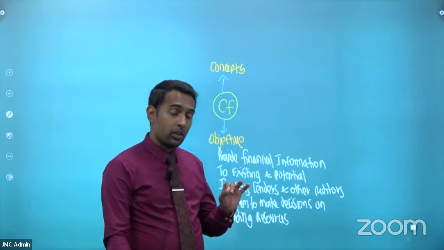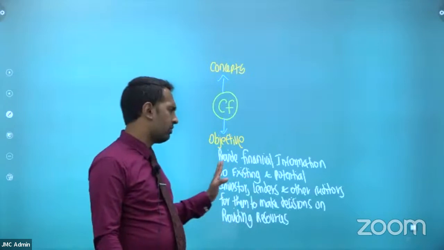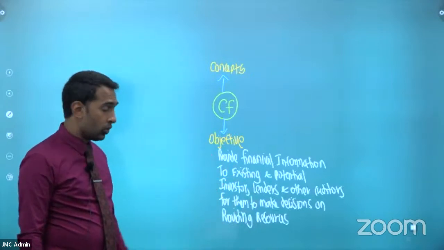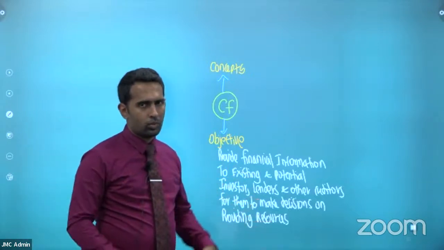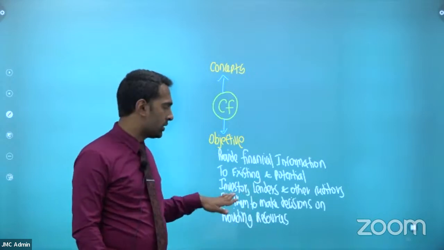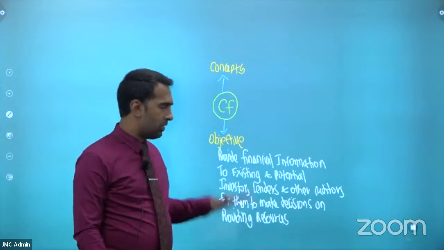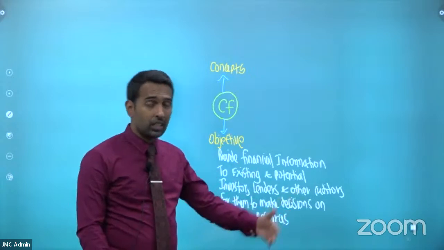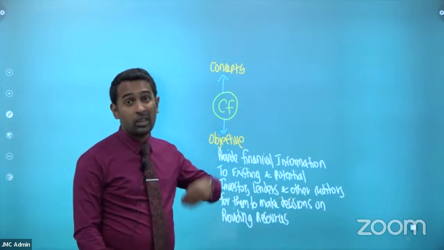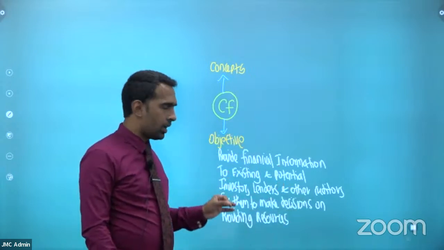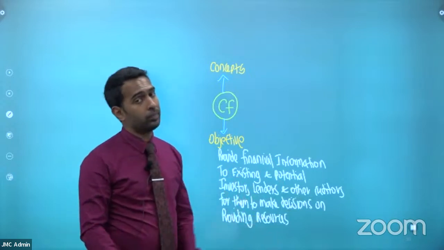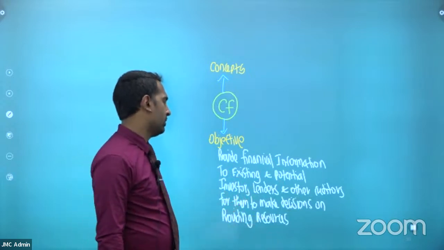Employees have to take a decision whether to stay or not, right? So in order to take these decisions on providing the resources, if it is investors providing money, if it is lenders providing money, if it is suppliers providing materials, if it is employees providing labor, they have to take decisions.